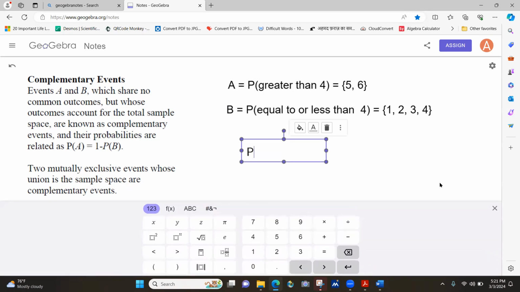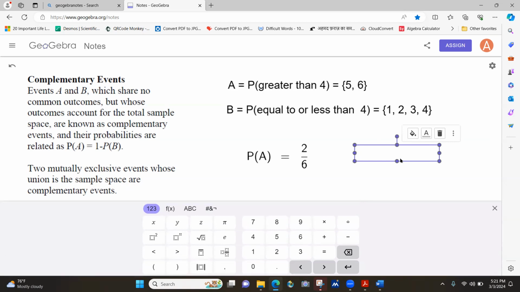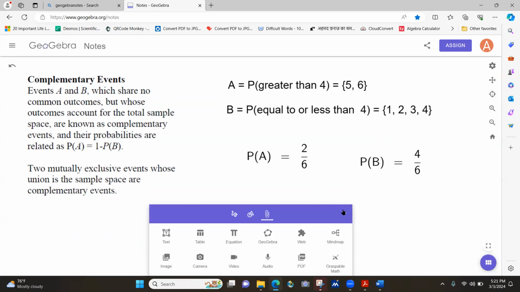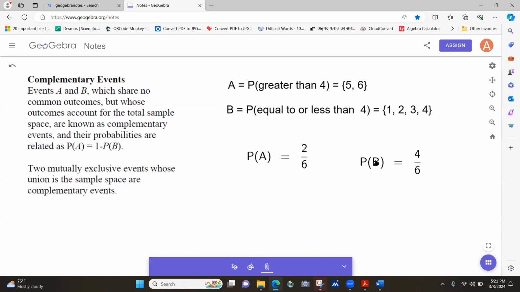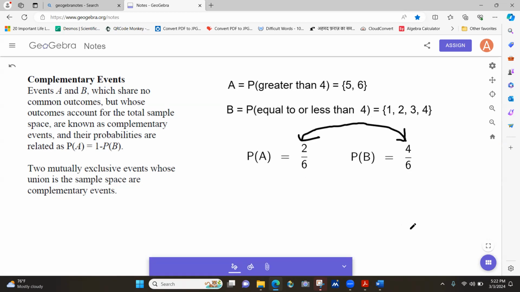Probability of A is 2 out of 6. What's the probability of B? Probability of B is 4 out of 6. And clearly, probability of B is 1 minus 2 over 6, and probability of A is 1 minus 4 over 6. Or in other words, if you add the probabilities of two complementary events, you will always get 1, and that's exactly what we see here.